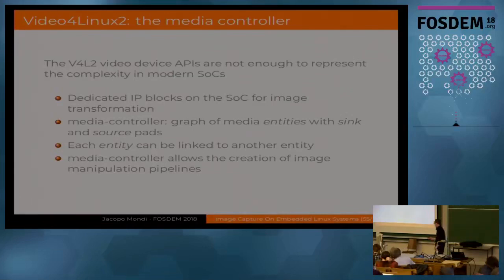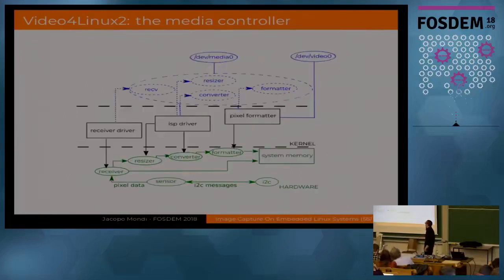And so there is a newer API called the Media Controller API that allows you to do that. Media Controller API describes the hardware as a set of entities, each one with specific properties and a set of sinks and sources, that can be connected in order to form an image processing pipeline that happens on your SoC.